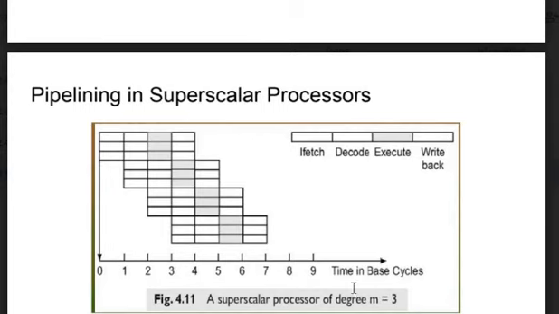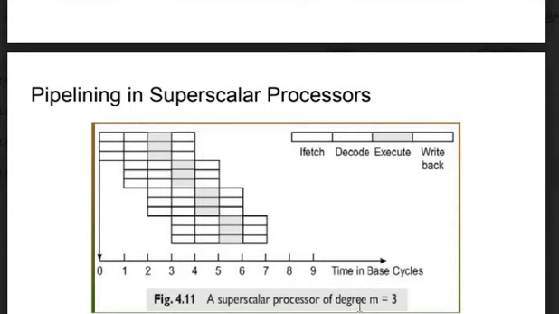So the superscalar processor's degree is calculated by how many executes it can do in a single instance of time, which is called a base cycle.